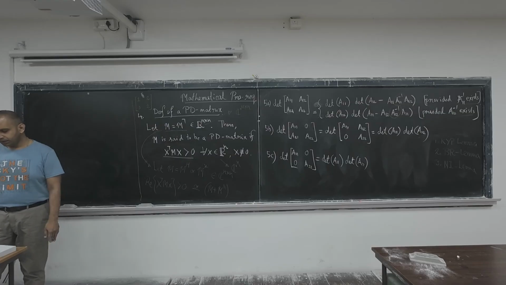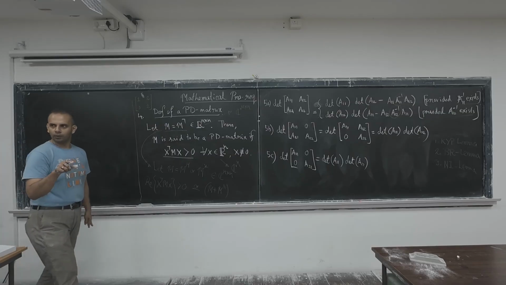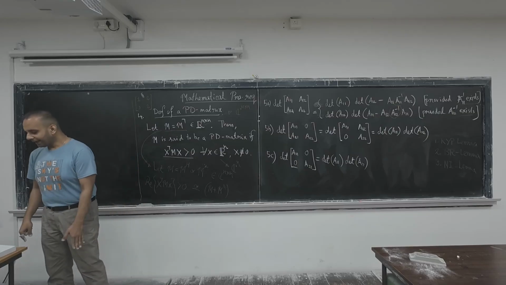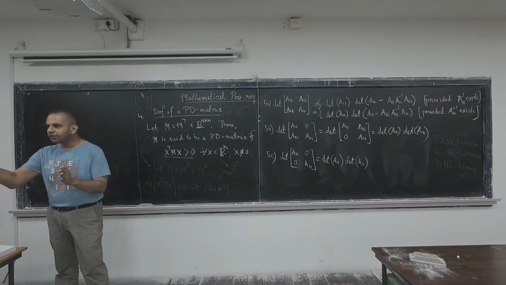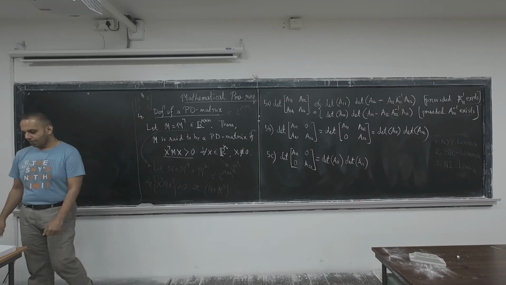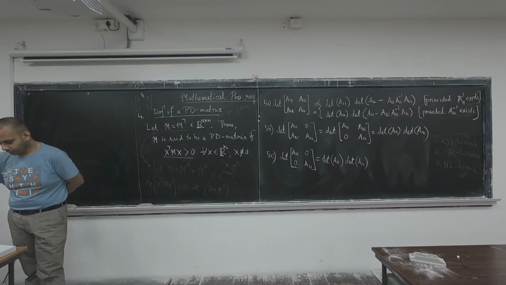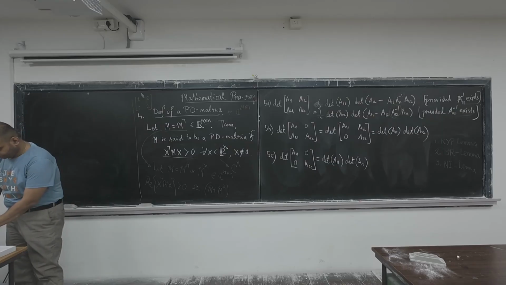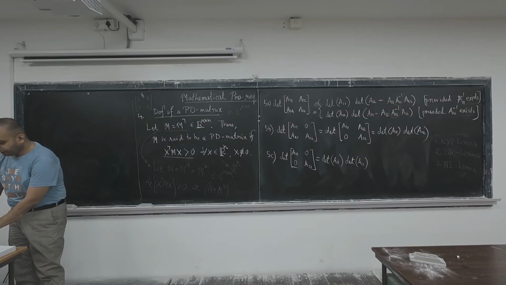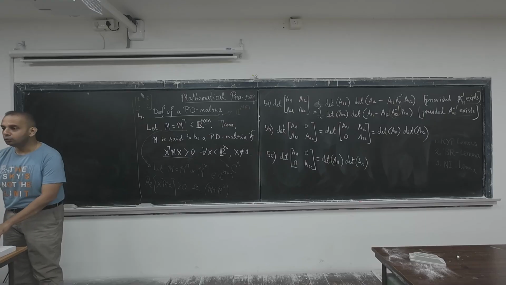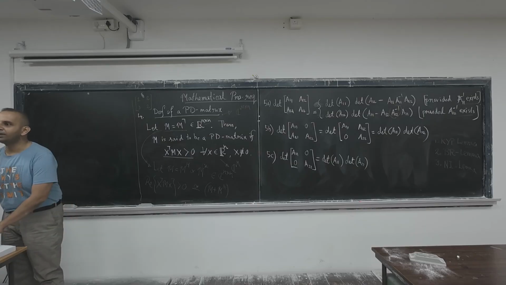You see that the partitioned matrix A11, A12, A21, A22 can be decomposed as a product of 3 matrices. And in A.9 you have got determinant of A1 into A2 equals determinant of A1 into determinant of A2.